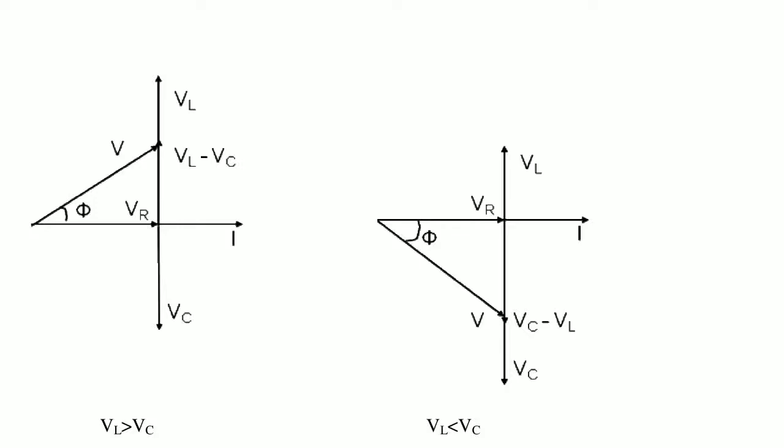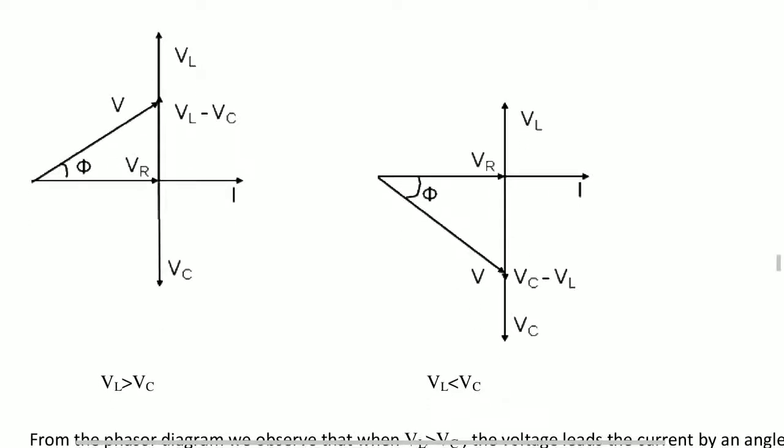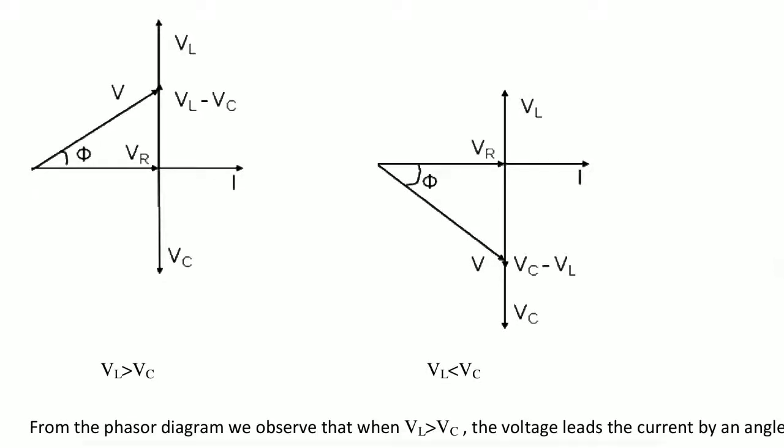Now the second case. Taking current as the reference, current is the same and VR is also the same. VL is taken on the positive y-axis, the upward side, and VC is on the downward side, the negative y-axis.